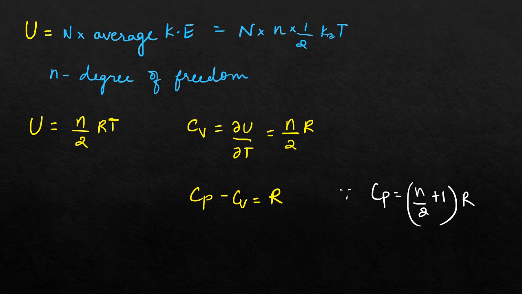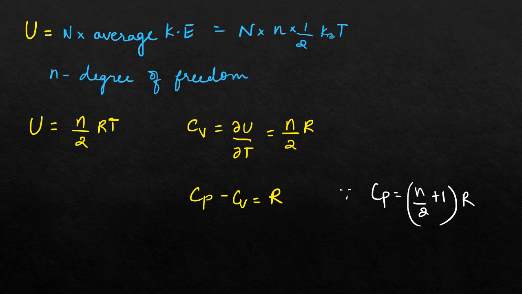and here U again is the internal energy, which is given in terms of degrees of freedom, n into half. Here small n is the degree of freedom, and it can also be written as U is equal to n by 2 RT. Okay, and R is the gas constant over here. So Cv is given as dU by dT, specific heat capacity, and Cp is also specific heat capacity.